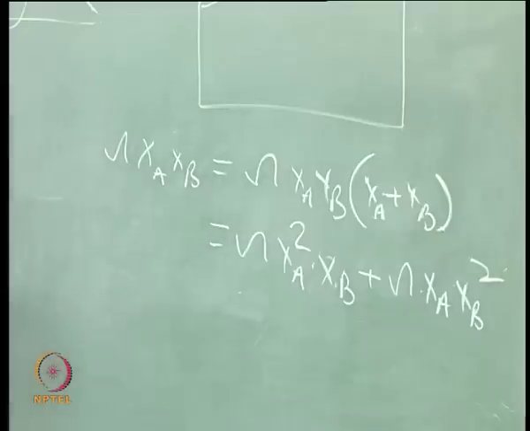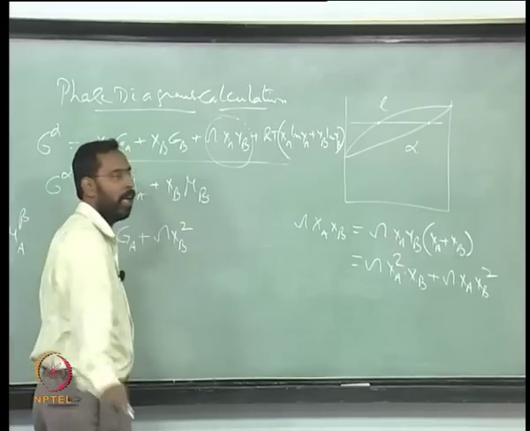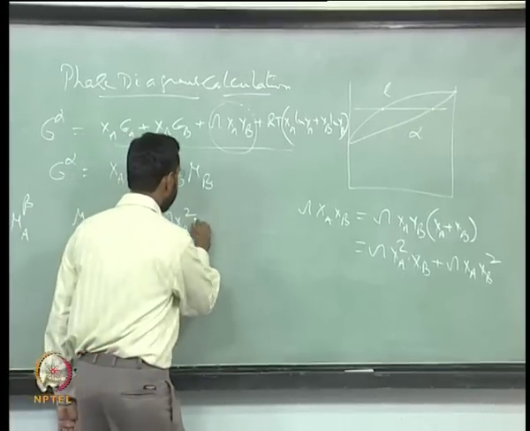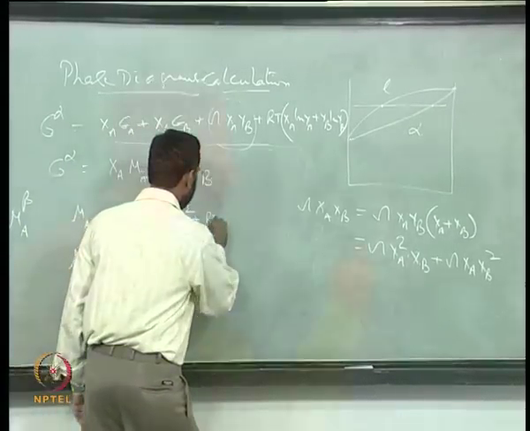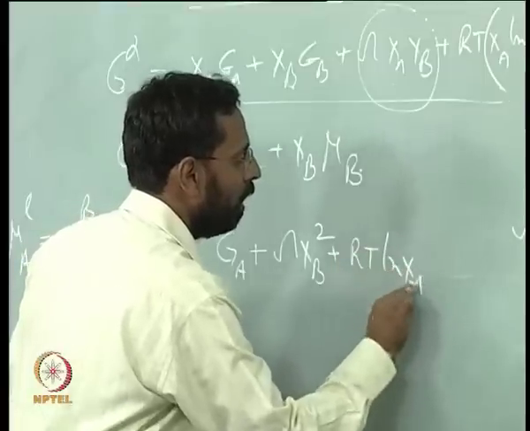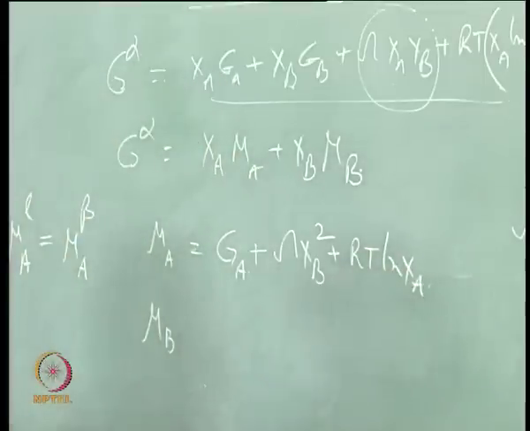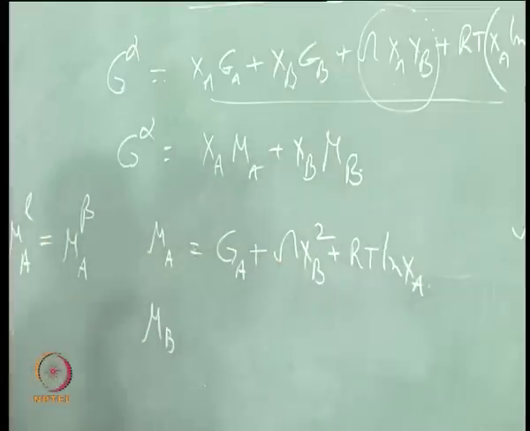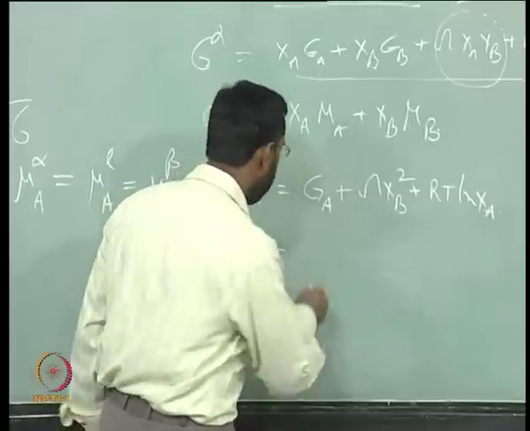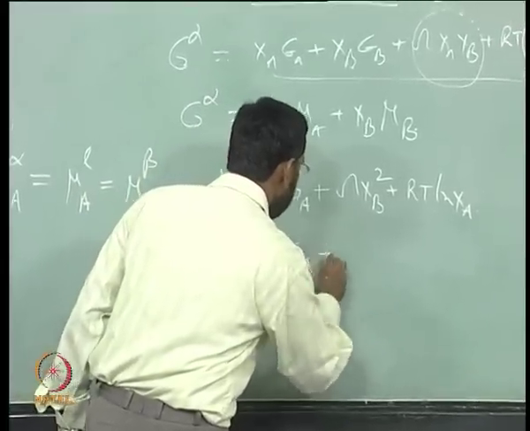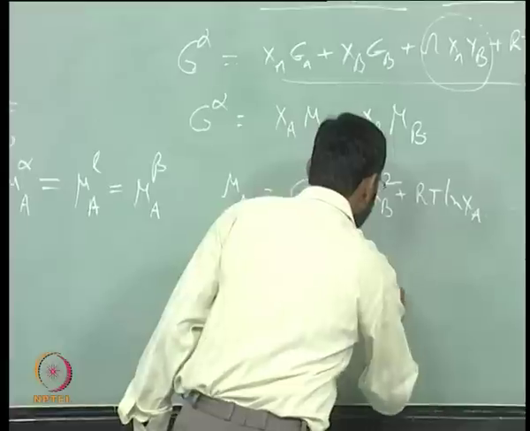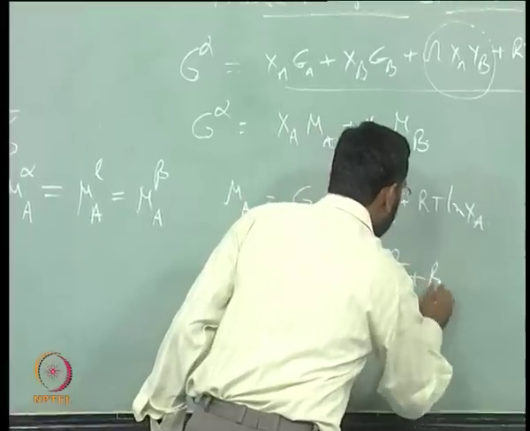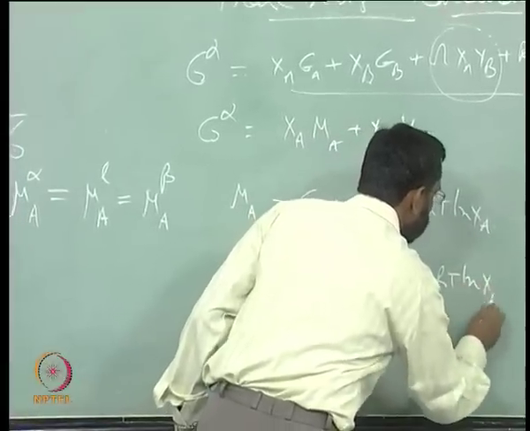So, you can easily write that this is omega XB square plus RT ln XA. So, the chemical potential is actually equal to this. Similarly, I can write the chemical potential of B as GB plus omega XA square plus RT ln XB.